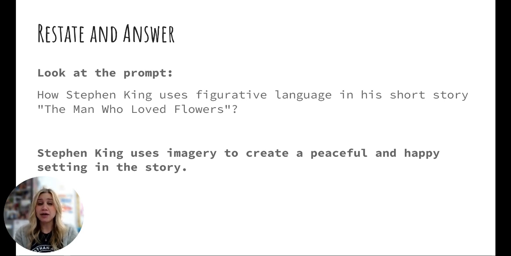So if you look at the prompt for this assignment, you're looking at how Stephen King uses figurative language in his short story, The Man Who Loved Flowers. The easiest way to restate is just to use the words that are in the prompt already.